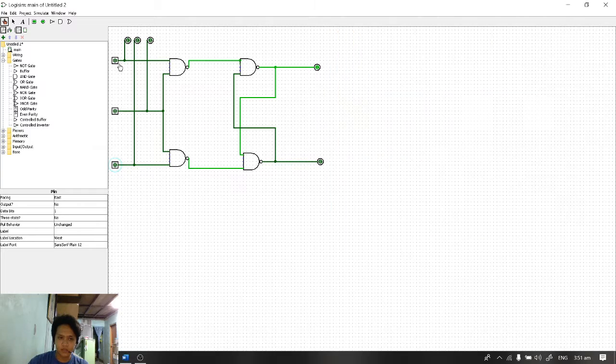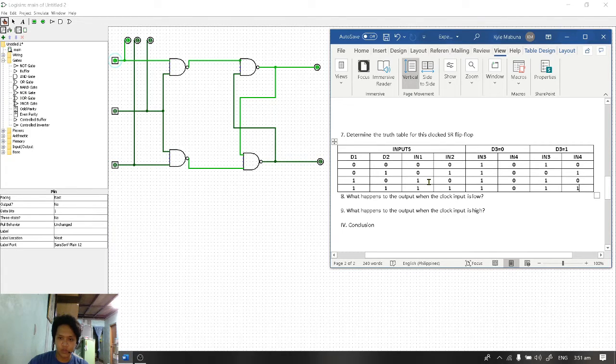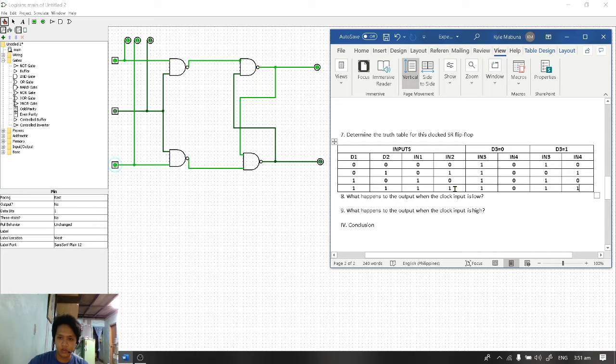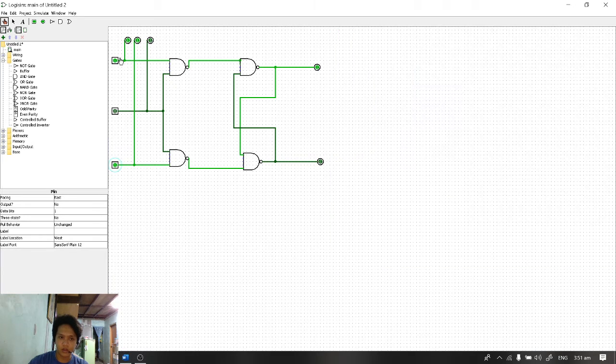Next one is 1 0, then the in 1 will be 1, then the in 2 will be 0, then the in 3 will be 1. Next one is both of them are 1, then the output will be in 1 and 2 will be 1, then the in 3 will be 1.